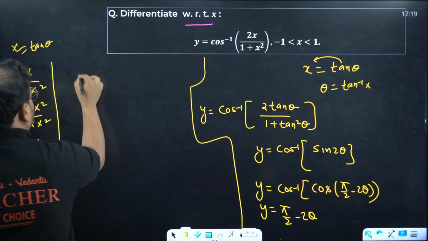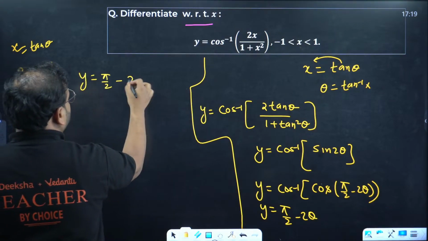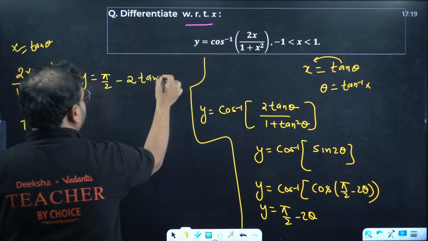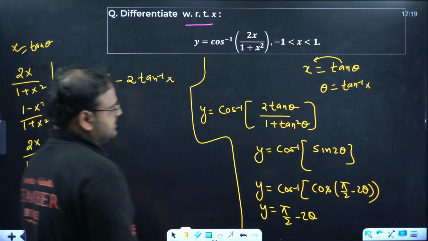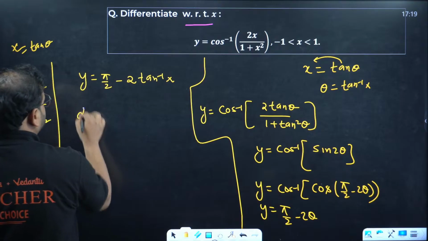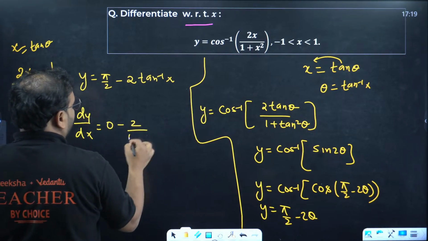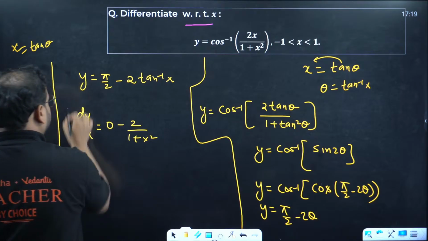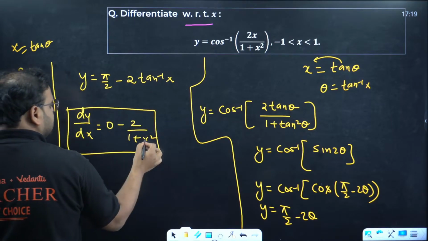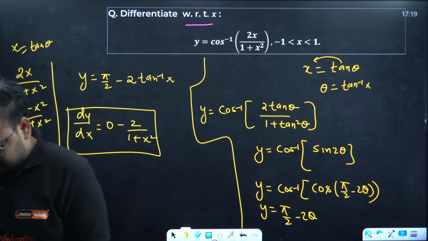Substitute the value that you got. y equals pi by 2 minus 2 times tan inverse of x. This value in terms of theta. Differentiate. You get the answer as 0 minus 2 upon 1 plus x square. That's it. Done. Correct. That's right, Akash.